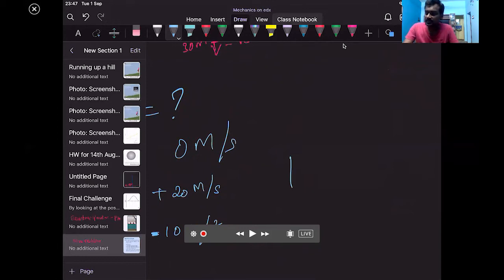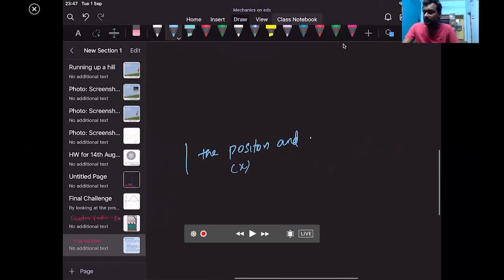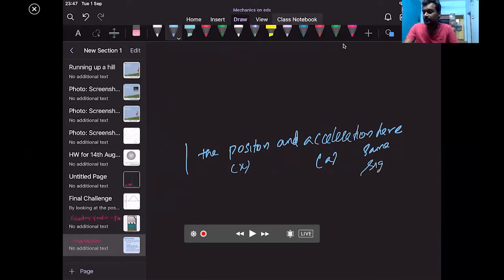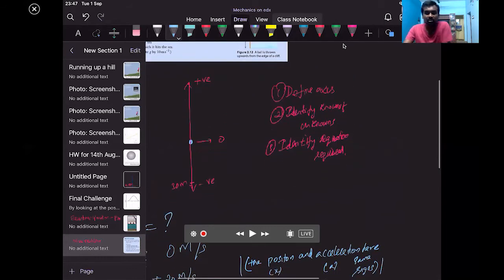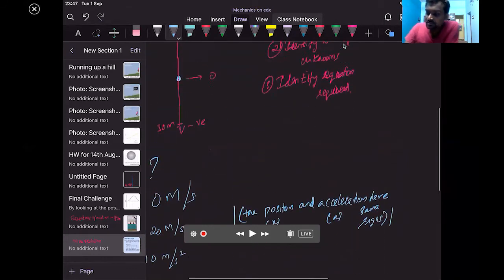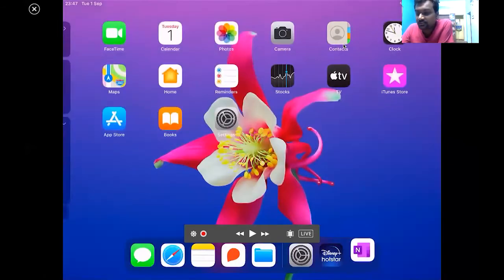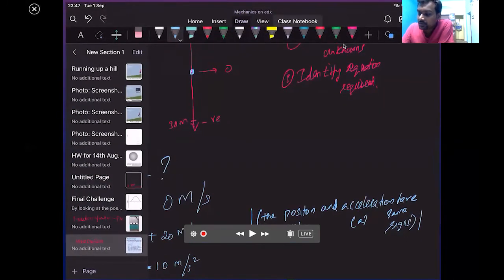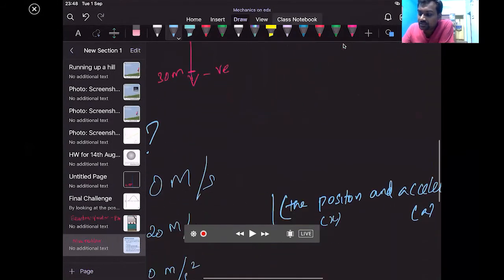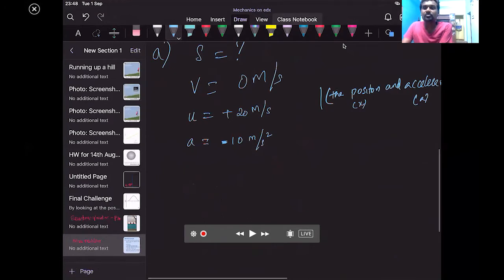The position, here being x, and the acceleration, a, have the same signs. What do I mean by that? You know for a fact that acceleration is downwards. And what is the sign of position downwards? It's negative. So acceleration is going to be negative.